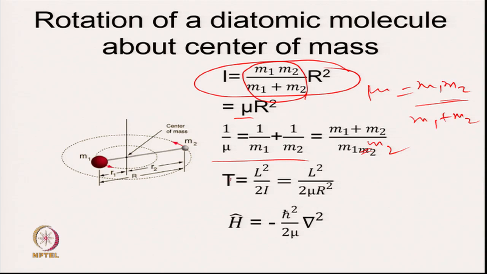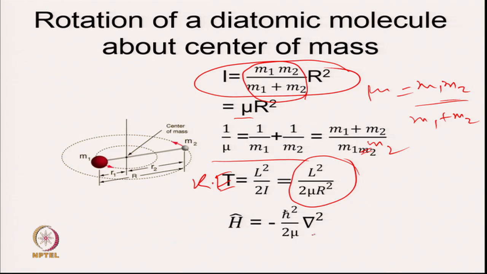And we know that kinetic energy is L square by 2 I. So, if I put I is equal to mu R square, we get L square by 2 mu R square. So, the kinetic energy of a diatomic molecule rotating about the center of mass is given by angular momentum square divided by 2 mu R square.